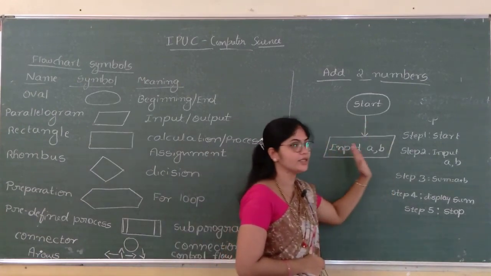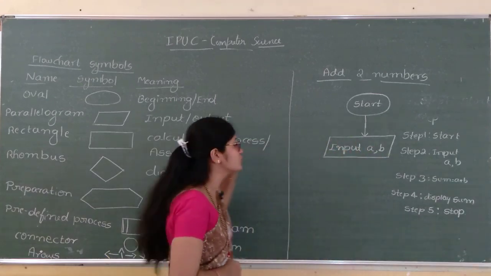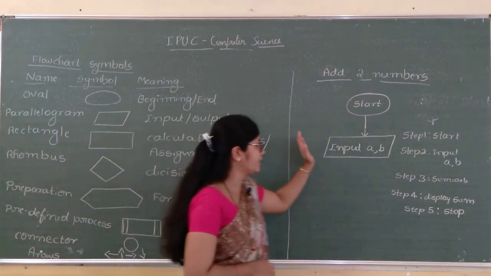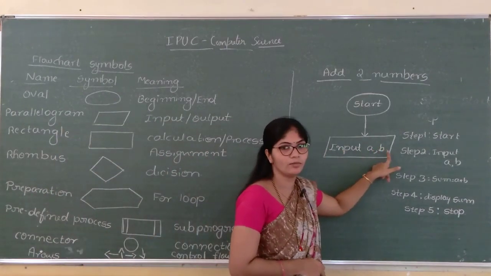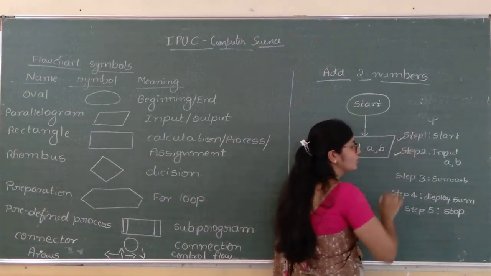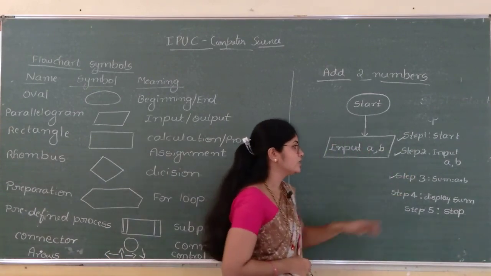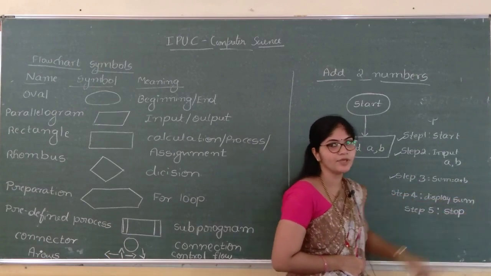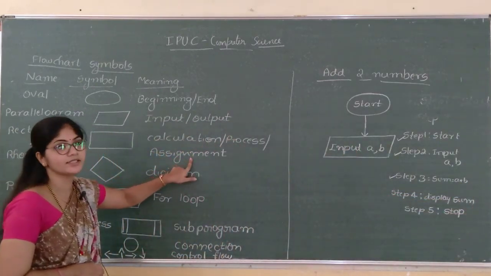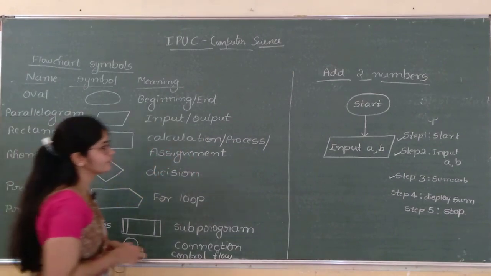In general, I have written a and b, input a b, because symbol used to denote input is parallelogram. So, inside that I have written input a comma b. Next step 3 is the calculation step. Sum is equal to a plus b.